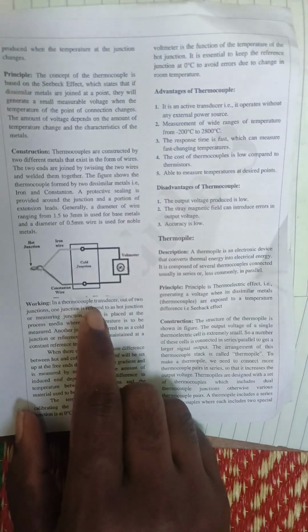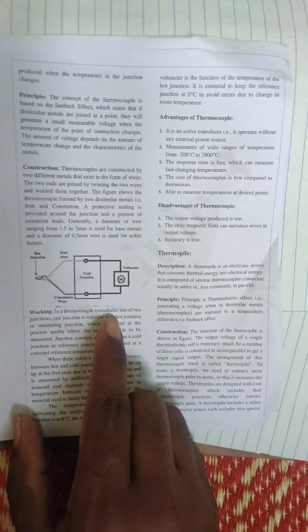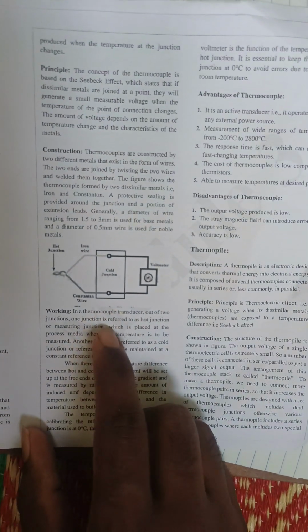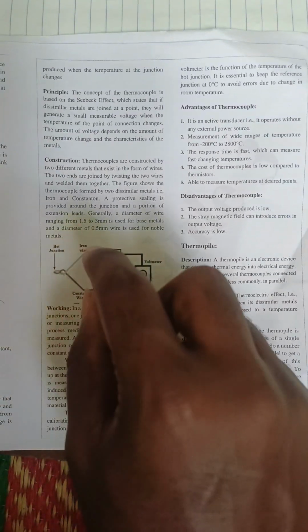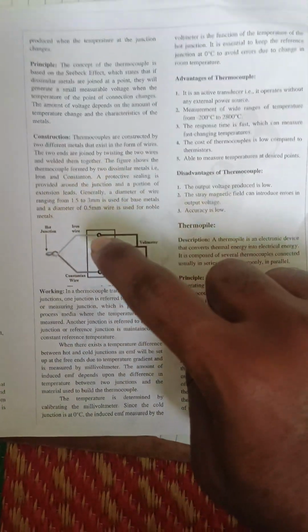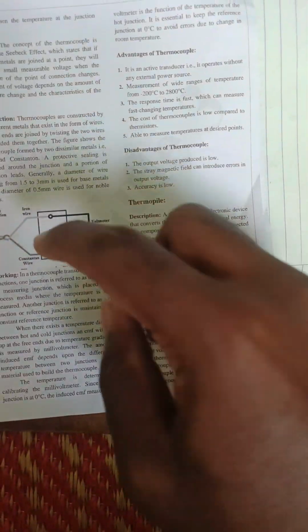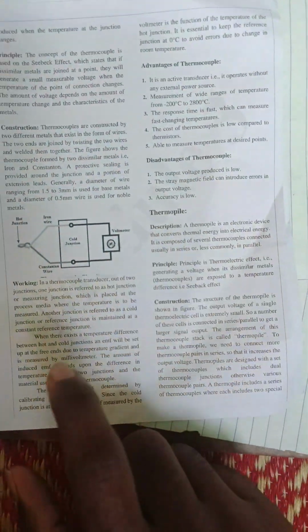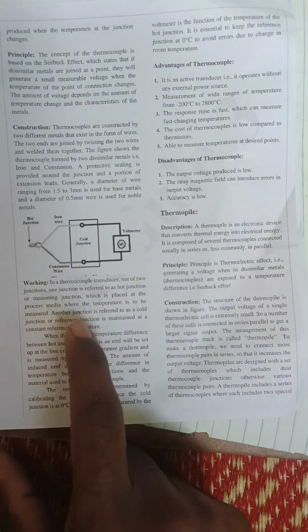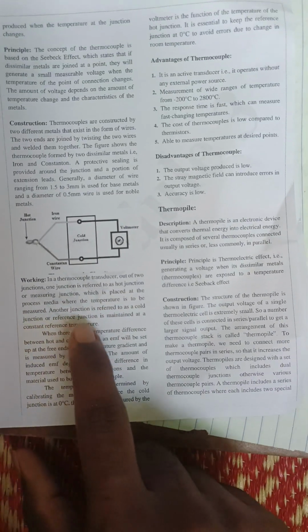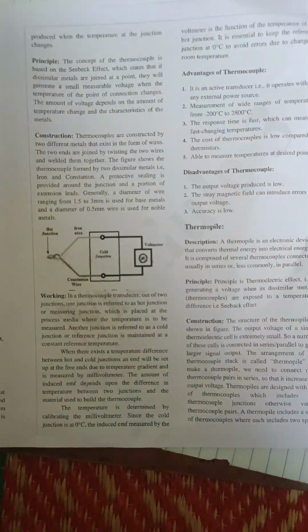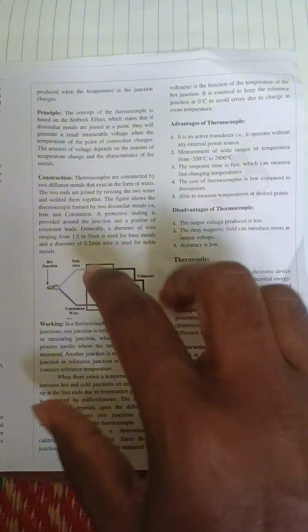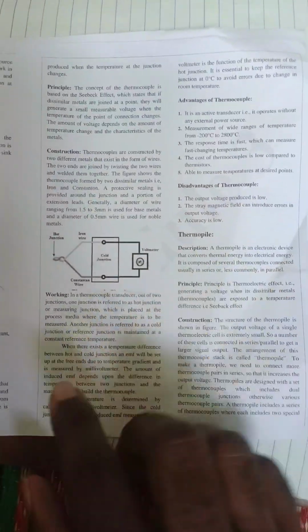In a thermocouple transducer, out of two junctions, one is referred to as the hot junction, where the temperature is to be measured, and the other is the cold junction, or reference junction, maintained at a constant reference temperature. You don't need to write the exact words; you can elaborate and write professionally.